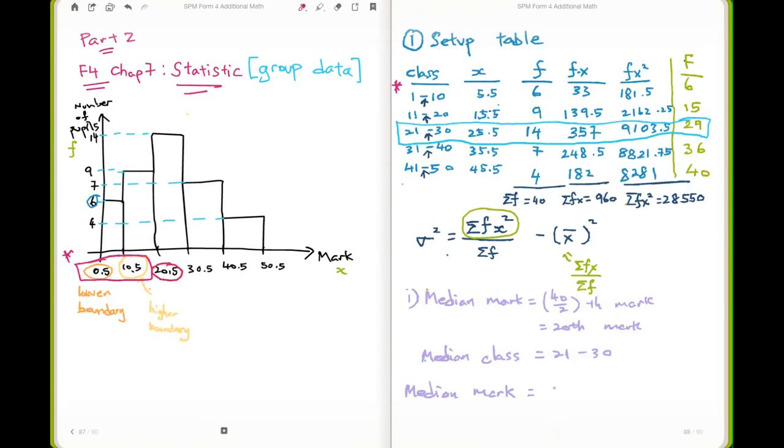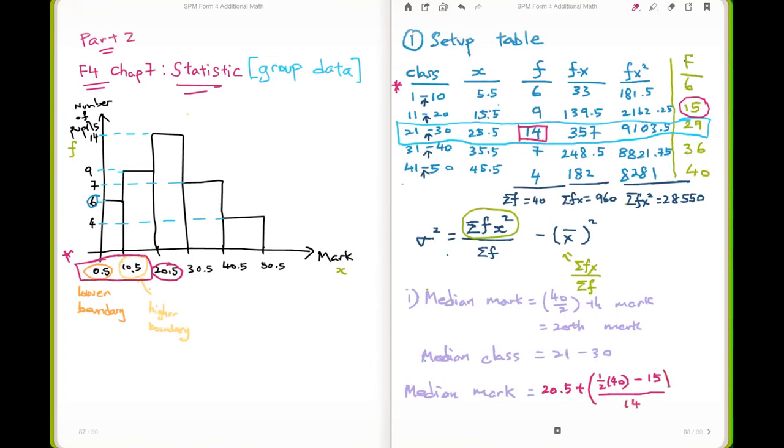So that would be 20 and a half plus, open bracket, median is half, so it's 1 over 2 times 40. Subtract 15, which is this number, the cumulative frequency before the class, over the frequency of the class, which is here, 14.